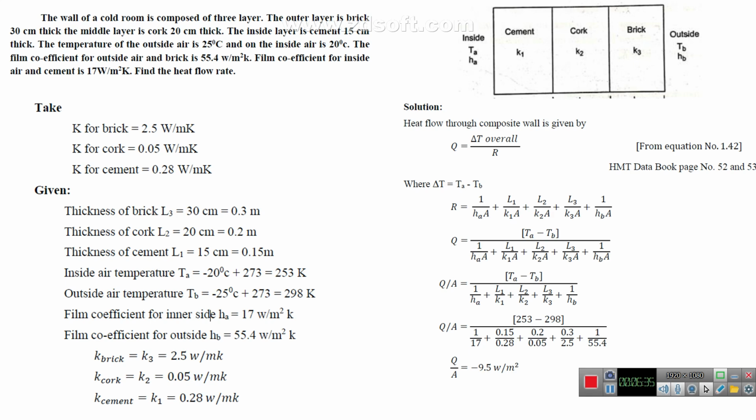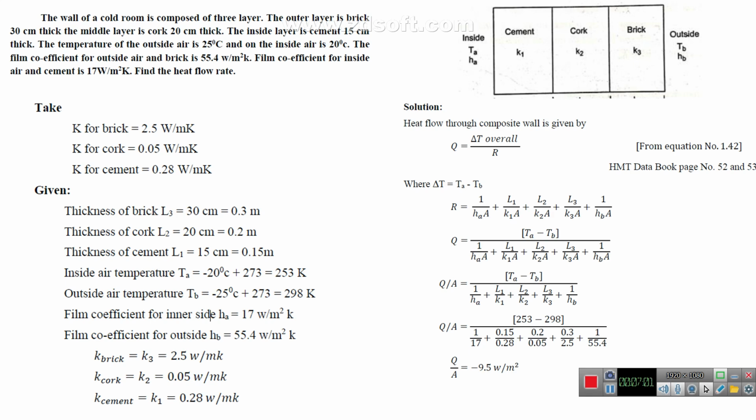In that formula we need the temperature, convective heat transfer coefficient, L value, and conductivity value. These are given for our problem. So we substitute all these values in the heat flow rate formula. We finally get the value minus 9.5 watt per meter square Kelvin.